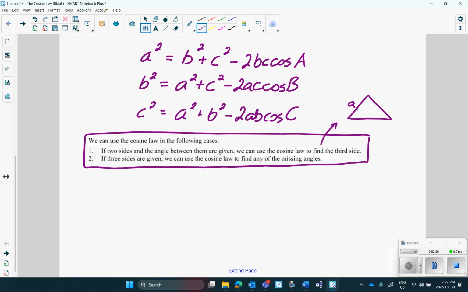Here, we're given this and asked to find that. So we're given two sides, the angle between them, and we're asked to find the third side. Or we're given all three sides, and we're asked to find one of the angles. If it's one of those, it's cosine law. If it's not, it's sine law.